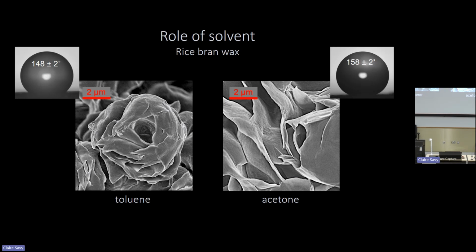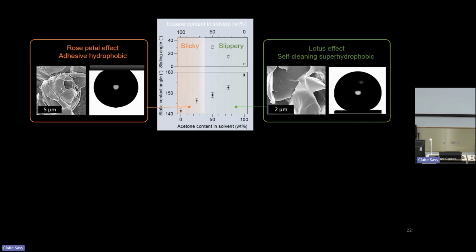So it's really a thermodynamic question. Depending on the saturation level that you have, you can change the solvent, for example, in this case, and go from larger structure to smaller structure that allows you to go from hydrophobic to super hydrophobic surfaces. And it's not only the static condition that's changing in there.